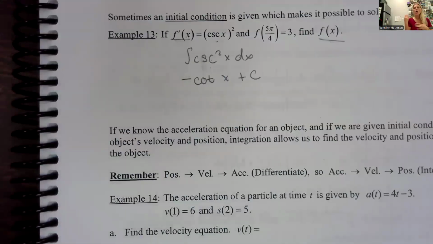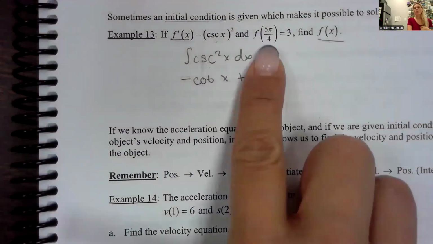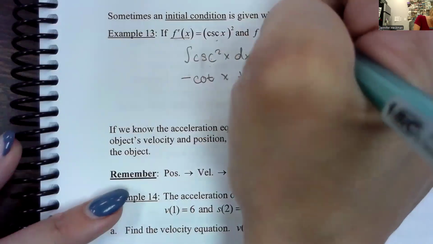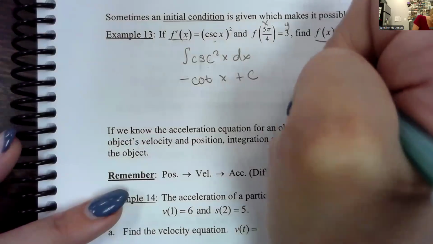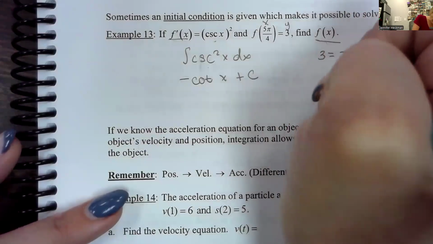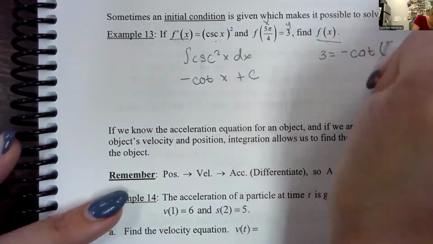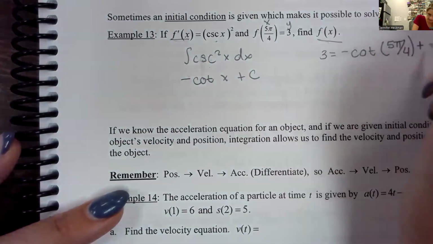But now we're going to use this information that was given to us extra to actually solve for c. So remember that this is the x value. This is the y value. So what we're going to do now is set this up and say 3 equals negative cotangent of 5 pi over 4 plus c.